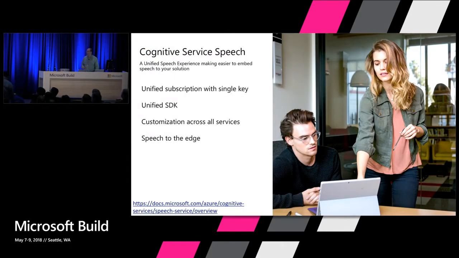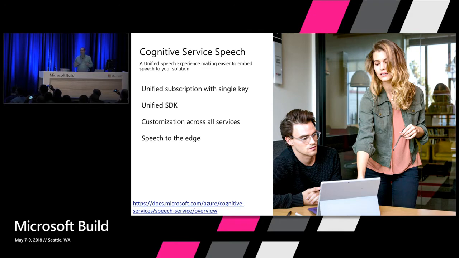So on Monday, we announced the release of a new product we call Cognitive Service Speech. So this is in preview now since Monday. So this is a unified speech product that encapsulates all speech-related technologies that you have seen in Cognitive Service from us. So it includes speech-to-text, text-to-speech, the voice fonts, translation as well.